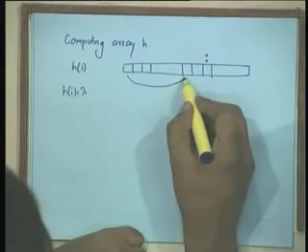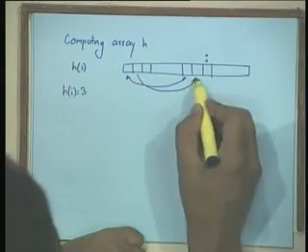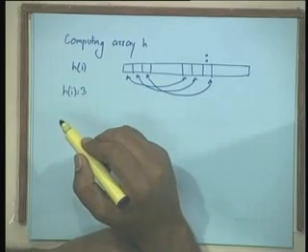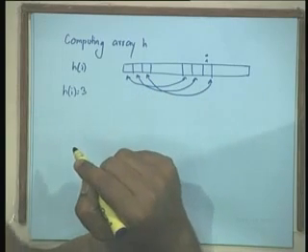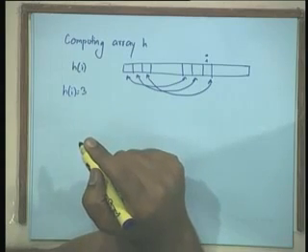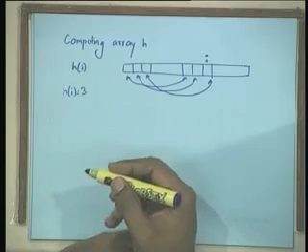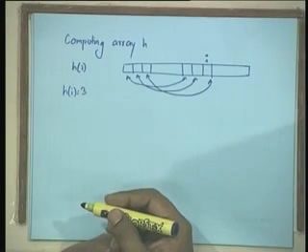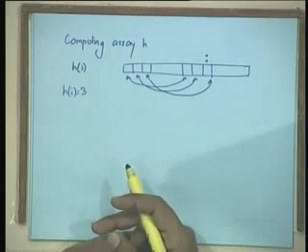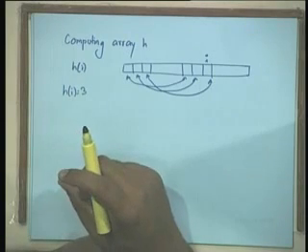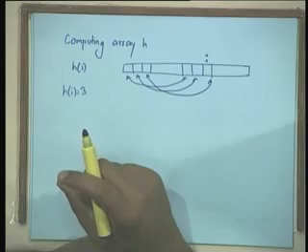If this is the same as this, this is the same as this, and this is the same as this, then H of I can be 3. Yeah, then H of I is more than or equal to 3. So I will try out 3, 4, 5, 6, 7 all the way up to I minus 1, and whichever are the possible values, I just take the largest amongst them. Clear?